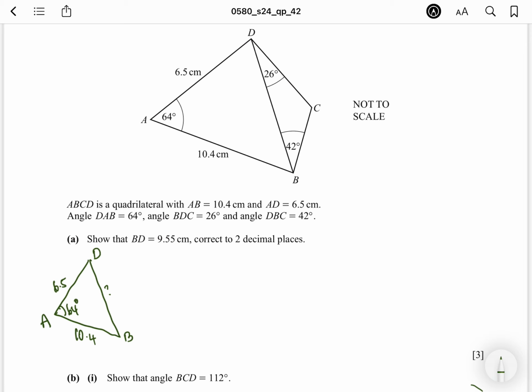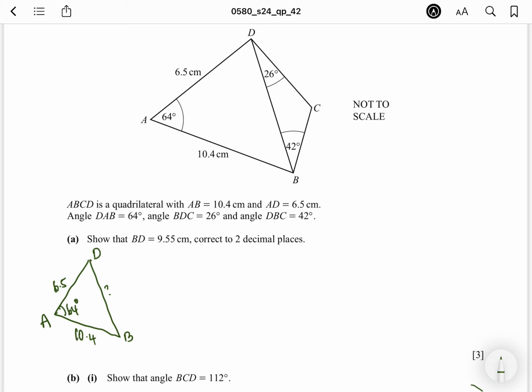For a non-right angle triangle, how many methods are there? 3? Which ones? Sin, cos, that's 2, tan. Okay.